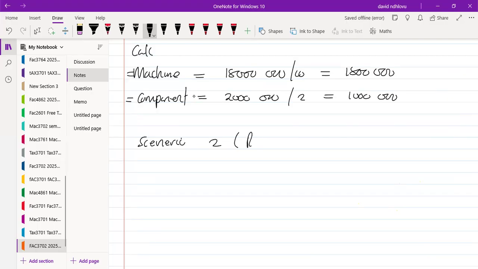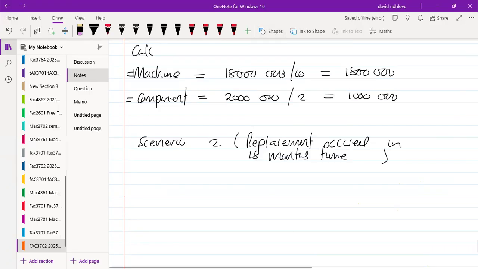Right, let's say replacement occurred in 18 months' time. Now, we had been primed to do the replacement in 2 years, which is 24 months.